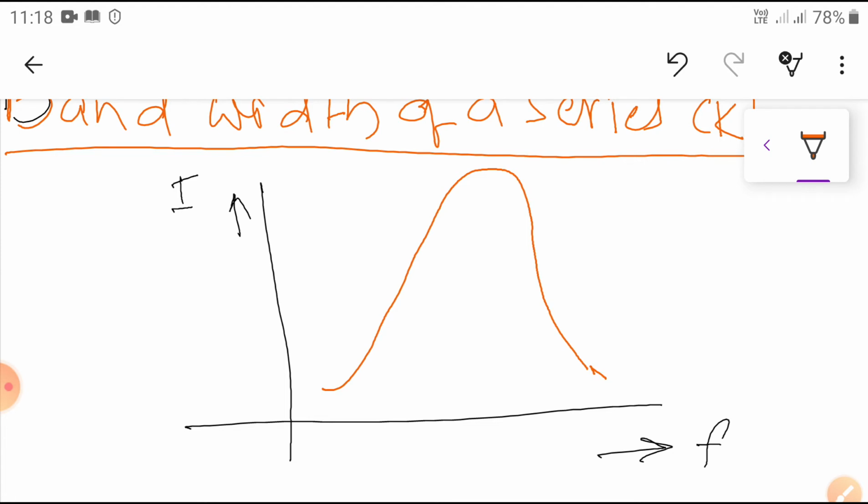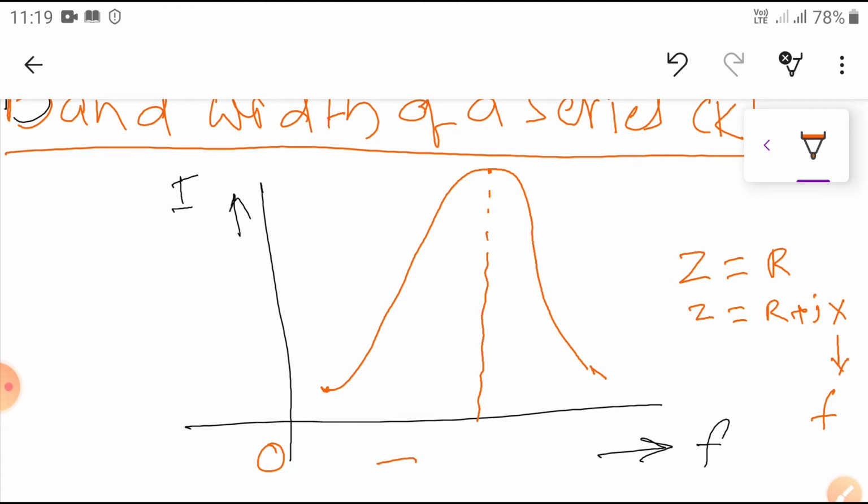If the frequency changes, the current value increases from 0 to the maximum value. When it becomes maximum, Z is equal to R. Z is equal to R plus jX, and the X value changes based on the frequency. Initially, the frequency is equal to 0. At that condition, the inductive value is more. So this is the inductive nature, and this is the capacitive nature.